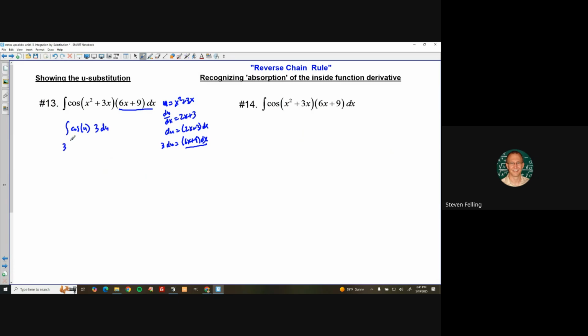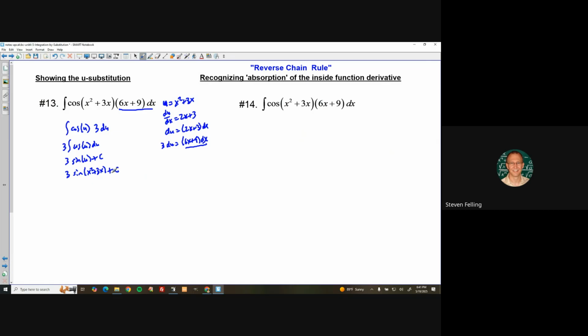So we have 3 cosine u du. The antiderivative of cosine is sine, and then we'll replace the u with x squared plus 3x again. So this is the answer.